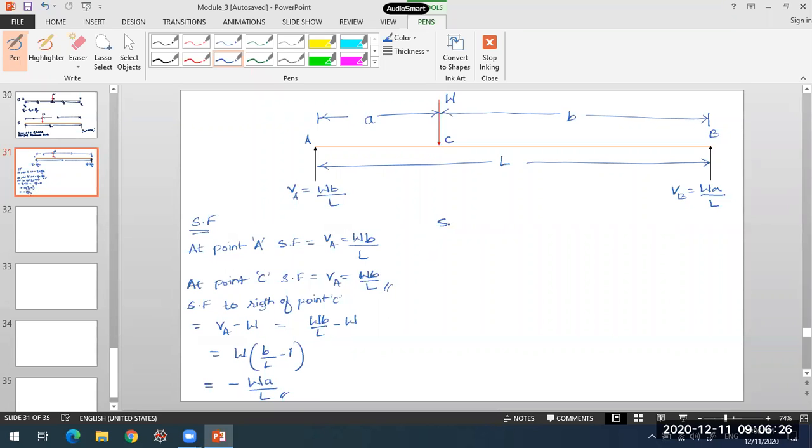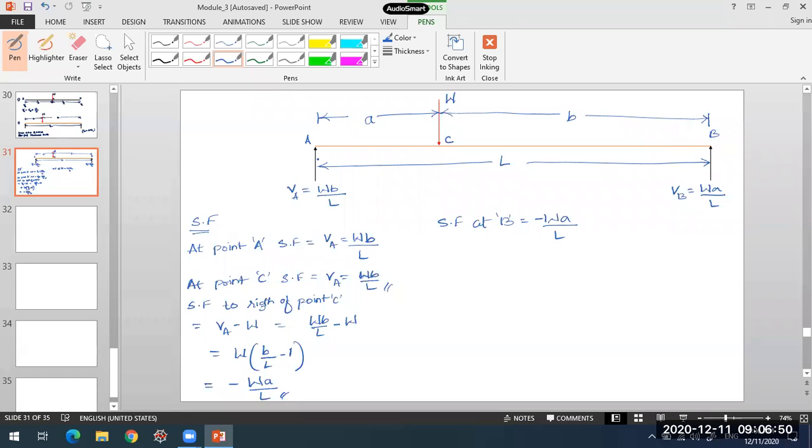Similarly, the shear force at B will come out to be minus W into A by L before I cross this support reaction, because it is the sum of all the forces to the left of my section.